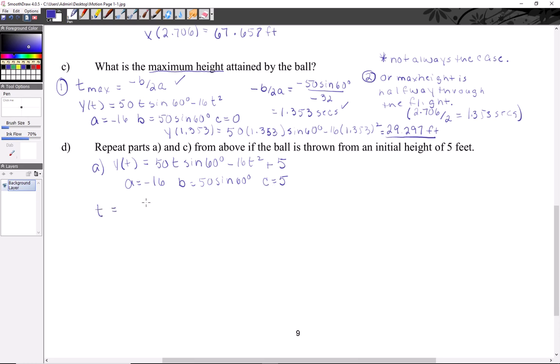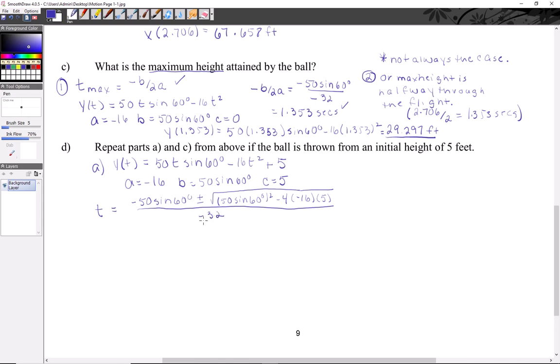t is going to be the opposite of b, so negative 50 sine 60 degrees, plus or minus the square root of b squared. That'll be 50 sine 60 degrees squared, minus 4 times a, which is negative 16, times c, which is 5. And then this whole thing will be over twice a, which will be negative 32.